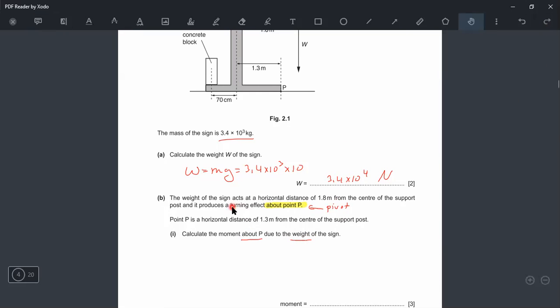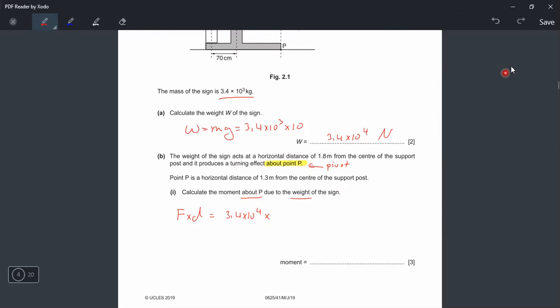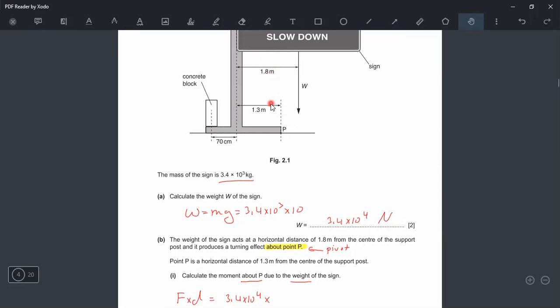So that's also easy. Moment is force times distance. But which force? Well, he wants the weight of the sign, which is 3.4 times 10 to the power of 4. Cool. Times, here's the doozy. What distance do we use? Is it the 1.8? Is it the 1.3? Neither. It's 0.5. Why? Because this is our pivot, and this is our force, our weight. So this is the distance we need to use.